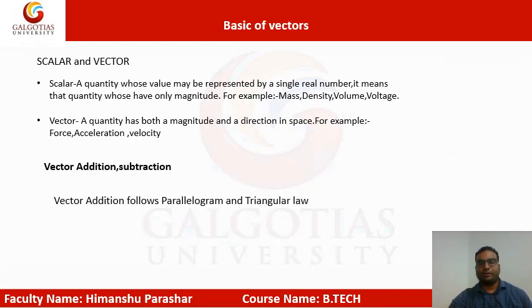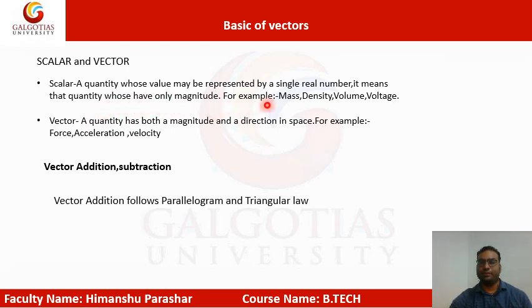So let's come to the topic vectors. We are very familiar with the terms scalar and vector. Let us revise. A scalar is a quantity whose value may be represented by a single real number. It means a quantity that has only magnitude.